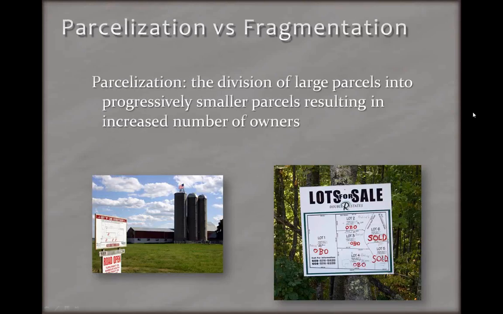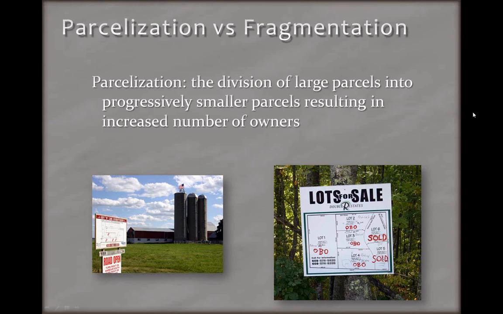Land parcels constitute a fundamental but largely invisible dimension of the landscape. You can't really see them, but they're there. And there's always been a confusion recently between parcelization and fragmentation. What I mean by parcelization is the division of parcels into progressively smaller parcels and then their subsequent sale on the market.